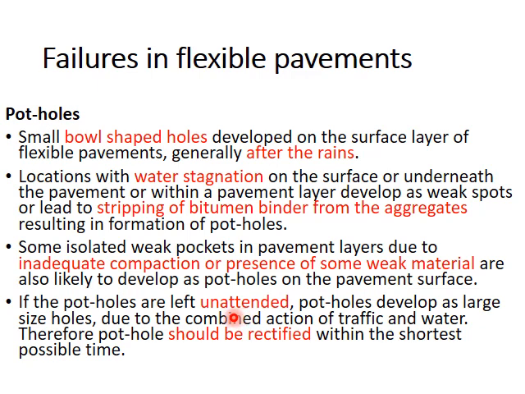And if the potholes are left unattended, that is, if we do not repair the road, these holes will become larger due to the action of traffic, that is moving vehicles, and water. So potholes must be rectified or filled as soon as possible.